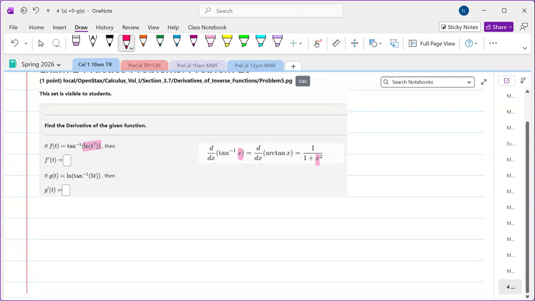So when I have my setup here in terms of x, I can also think of it as a chain rule.